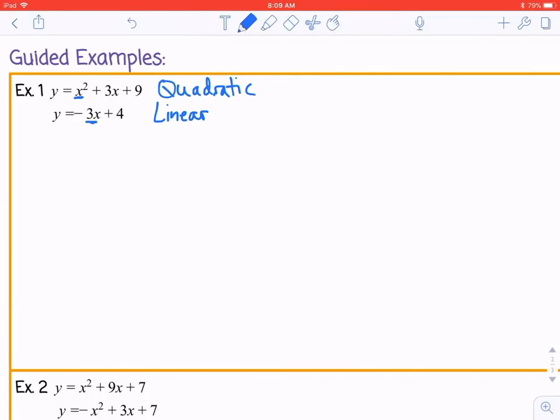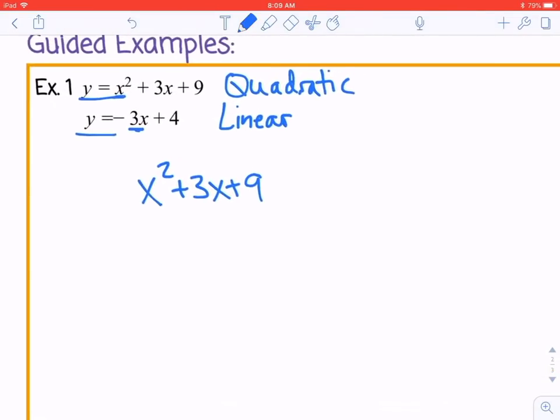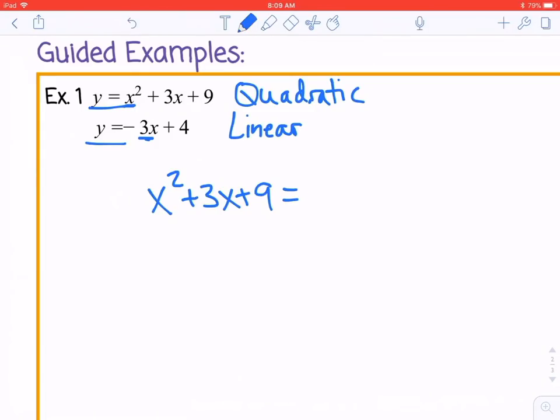It only has x as its highest power. So we're going to set these equal. They're both equal to y, so we're allowed to say that they equal each other. So x squared plus 3x plus 9 is equal to negative 3x plus 4.